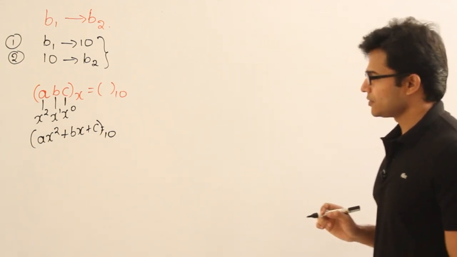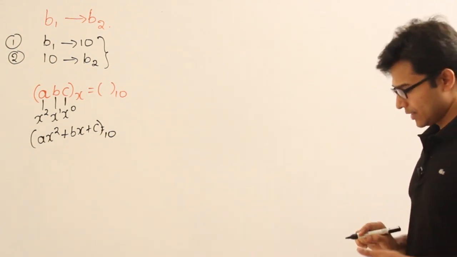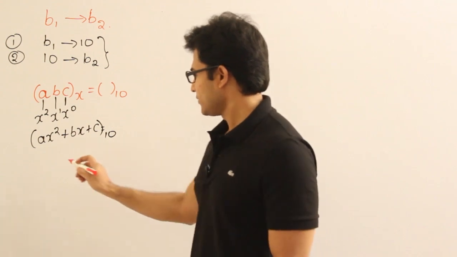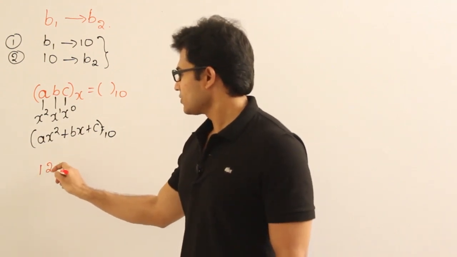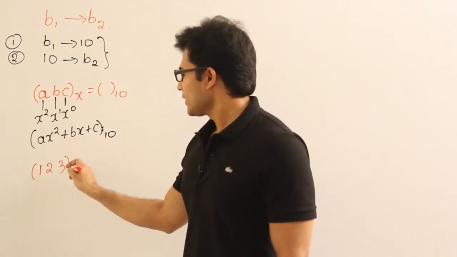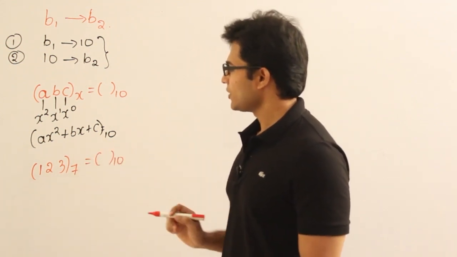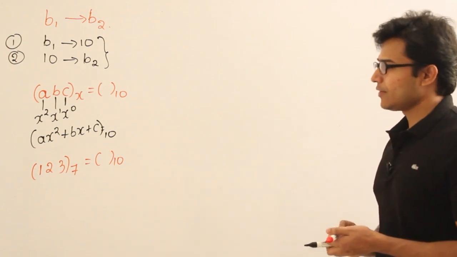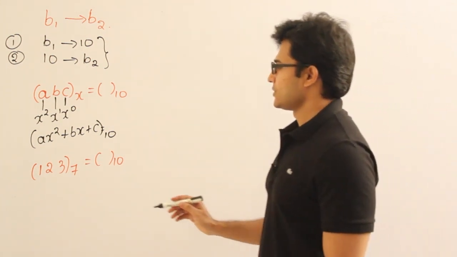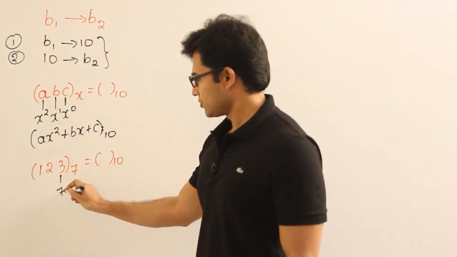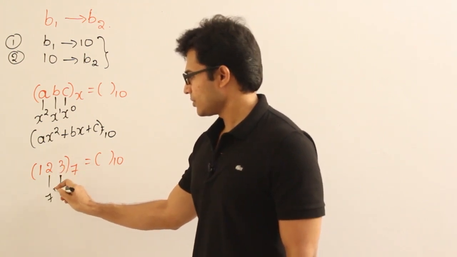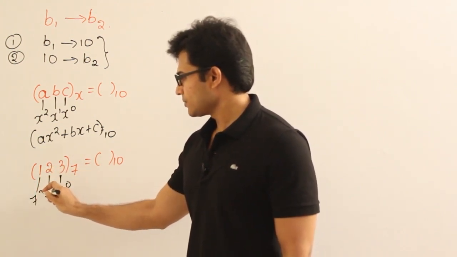Now let's see some examples. If they have given you a number like 123 base 7, what is it in base 10? Apply the weights. Weight of this one is 7 power 0, of this one 7 power 1, and of this one 7 power 2.